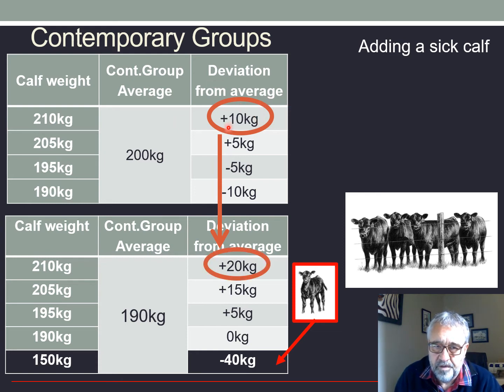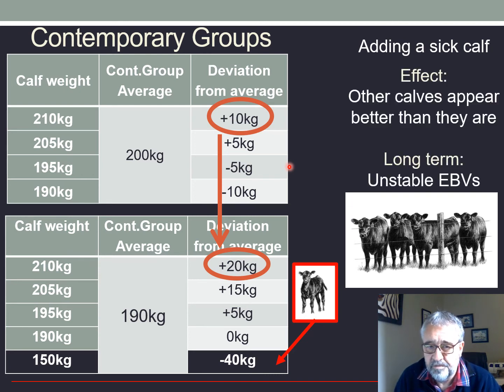So I've shown you that the 10 kilograms all of a sudden becomes 20 kilos, and that calf is elevated to a level that he did not deserve. So the effect of this is that in your first genetic breeding value prediction, you overestimate those predictions for the top 3 calves, or top 4 calves in this case, and that has a very poor stability influence on breeding value predictions.